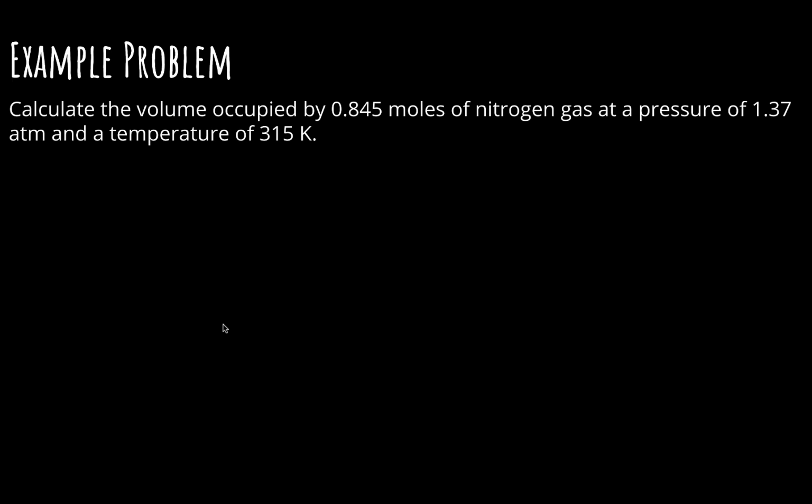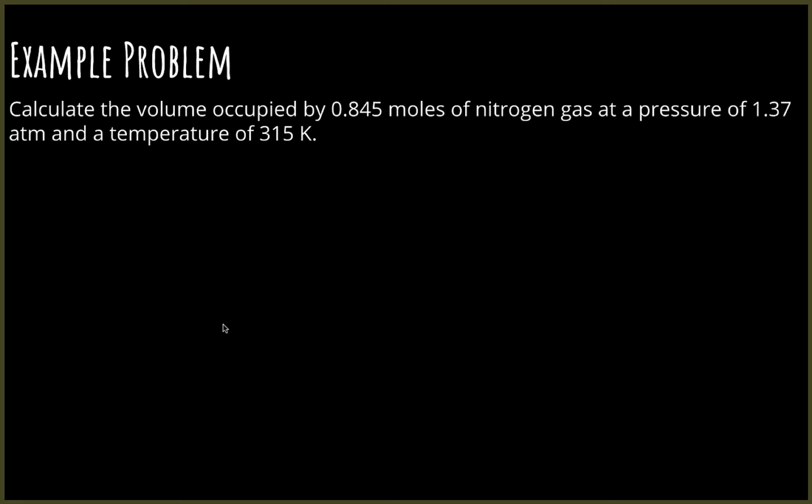Okay, so we're going to do two examples so you can see what these look like. Just like before, because all of these problems eventually are going to be all mixed together, we're going to make a list of our variables as we see them in the problem. For this one, I want to calculate the volume, so I'm going to put V equals question mark to know that that's what I'm looking for.